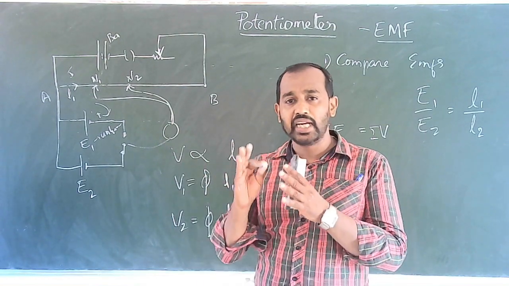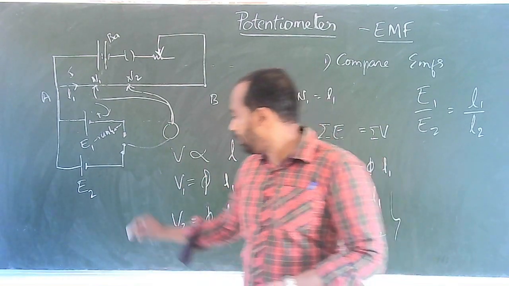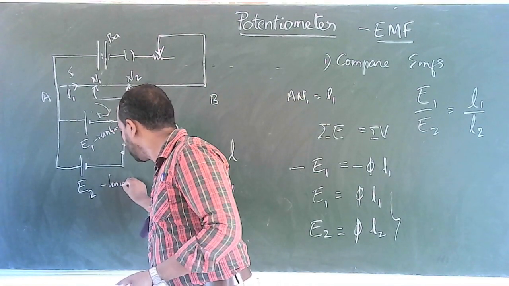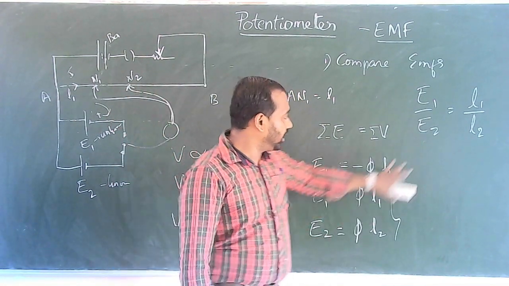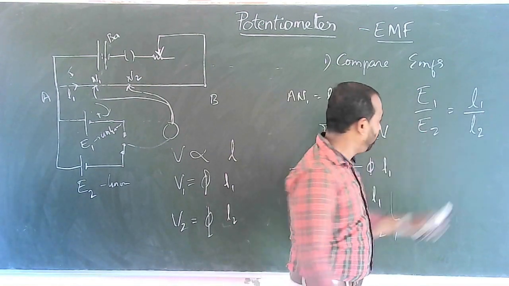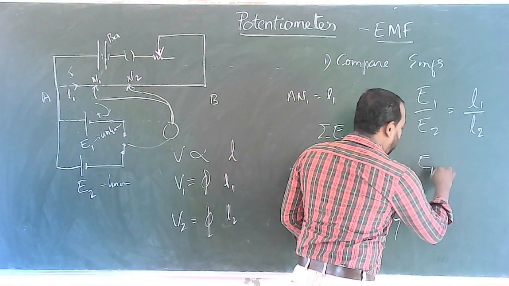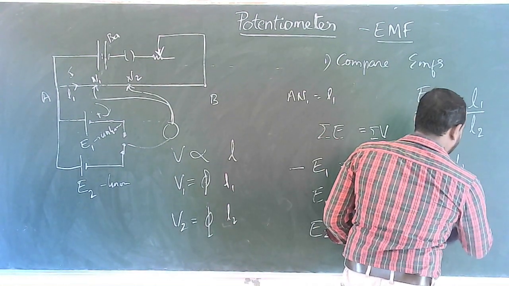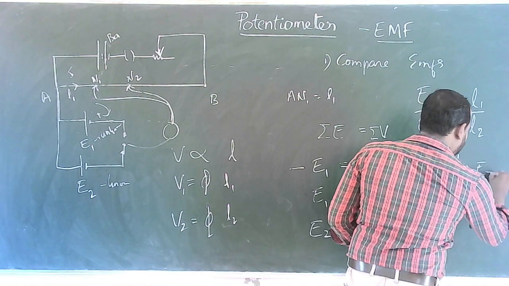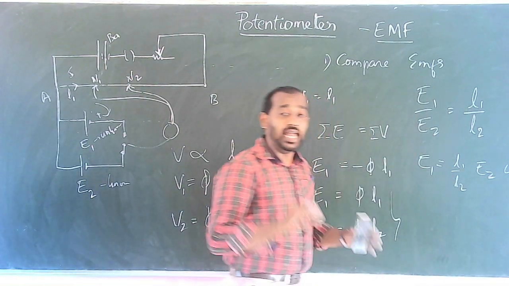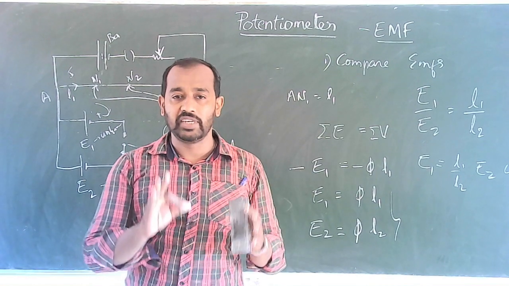Then it has a standard value of the output EMF. So this is known to us. Then substituting the value of E2 in the equation, we can find out the value of the EMF. E1 is equal to L1 divided by L2 into E2. So this is how we can determine the exact value of the EMF of a given cell.